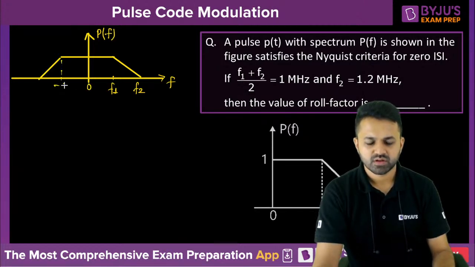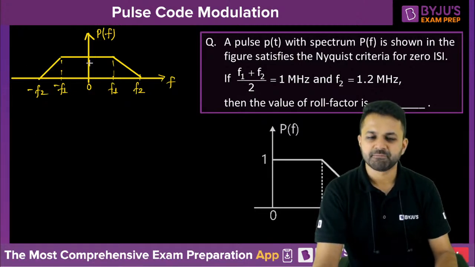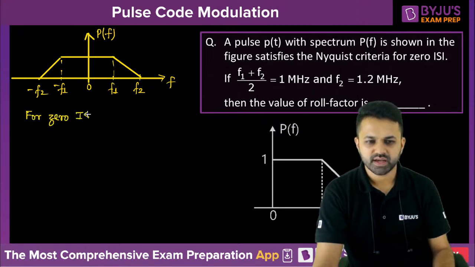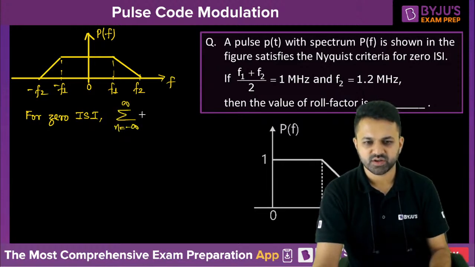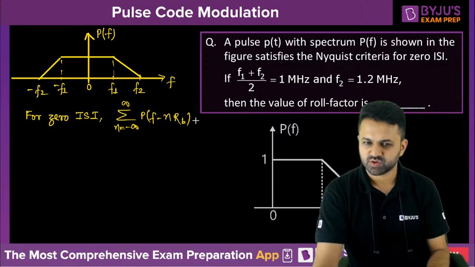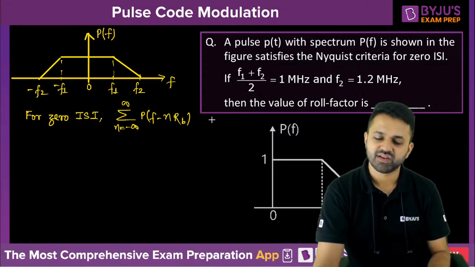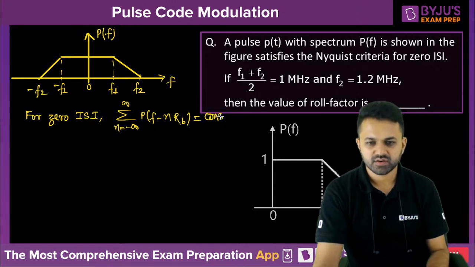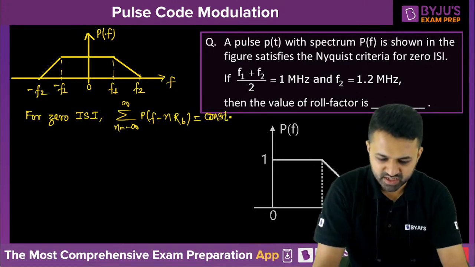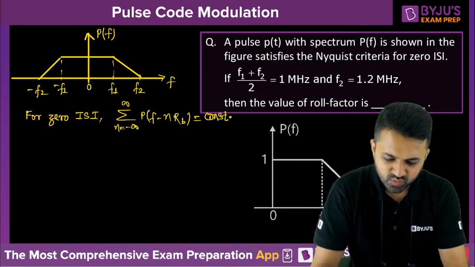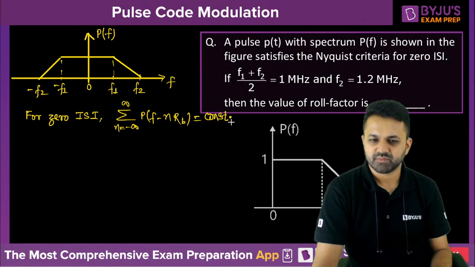Minus f1 and minus f2. So this is the complete pulse, and for zero ISI, the summation over n from minus infinity to infinity of P of f minus n times RB, or RS, also you can write if you are using more than two-level coding, should be constant.